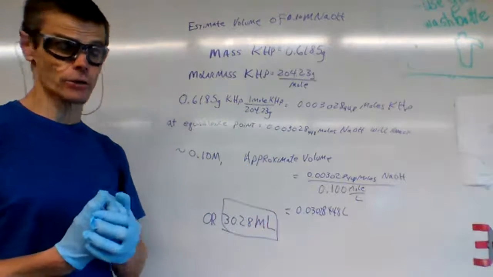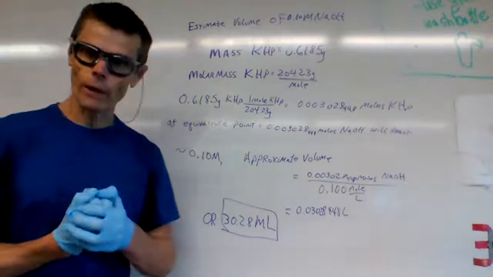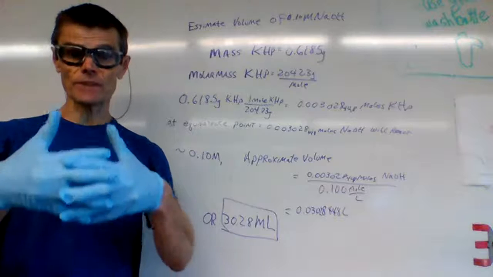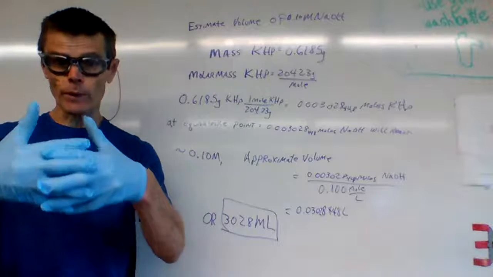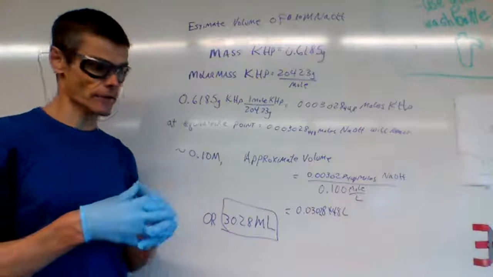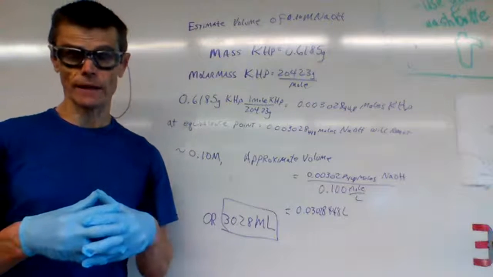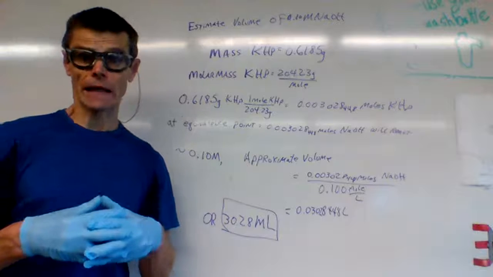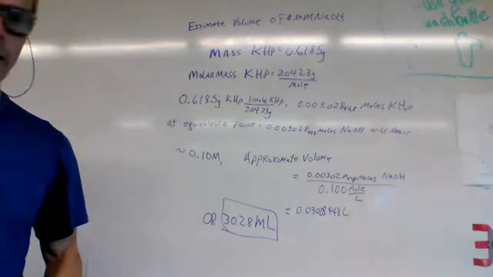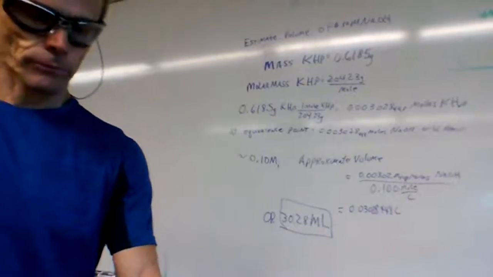The endpoint is the physical appearance that we see to tell us that we've reached the equivalence point. What we're going to be using today is phenolphthalein, which is the universal indicator for acid-base titrations. So let's go through how to set up our burette.